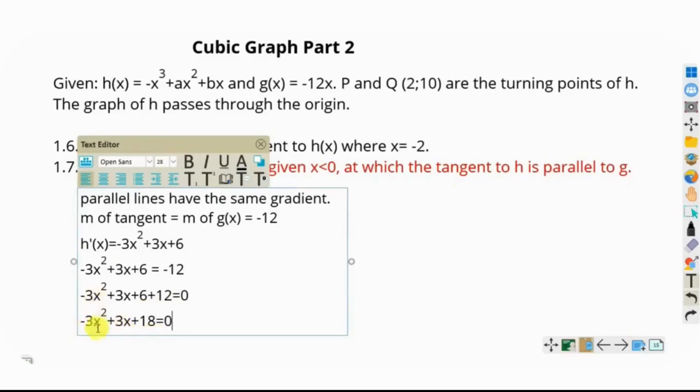I can see that all these terms are divisible by 3, so I'm going to divide everything by negative 3. That gives x squared minus x minus 6 equals 0, since 18 divided by negative 3 is negative 6.